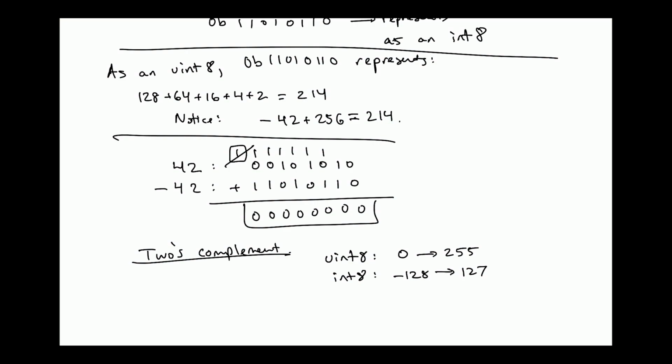In the unsigned system, what's 128 plus 128? 256. Can you represent 256 in 8 bits? No. It would be a ninth bit that's a 1 followed by 8 zeros. And what happens to that ninth bit? Poof, overflow. Okay?